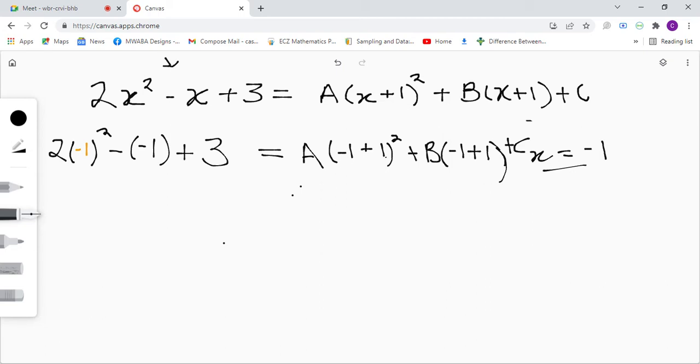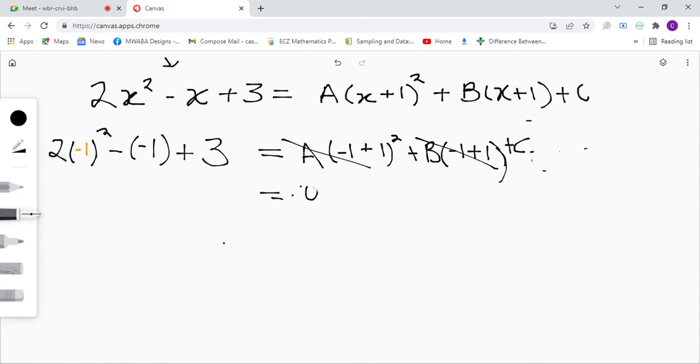-1 plus 1, that is 0. 0 squared times A gets cancelled out. -1 plus 1, that's 0. 0 times B, that's 0. So the B is cancelled out. We're just going to remain with C on our right hand side.